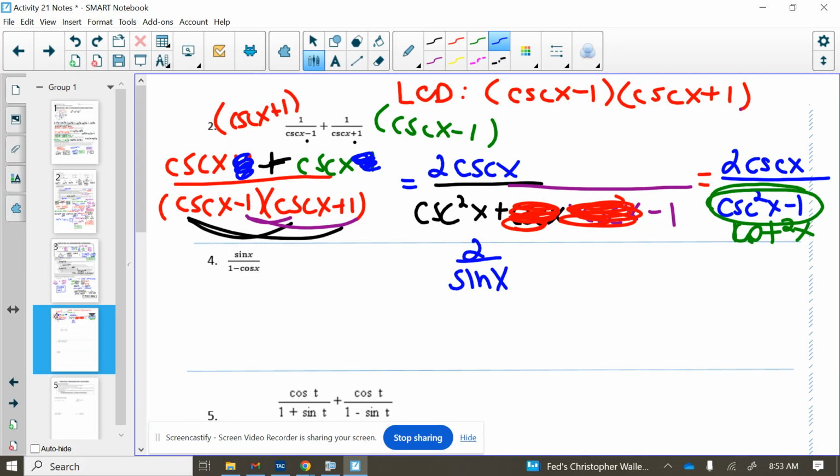And then we have that cotangent squared, which officially could be rewritten as tangent squared in the numerator. And then if we keep going, we have 1 over sine of x, or 2 over sine of x.